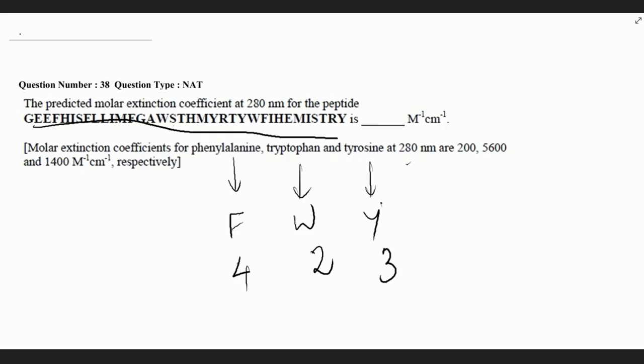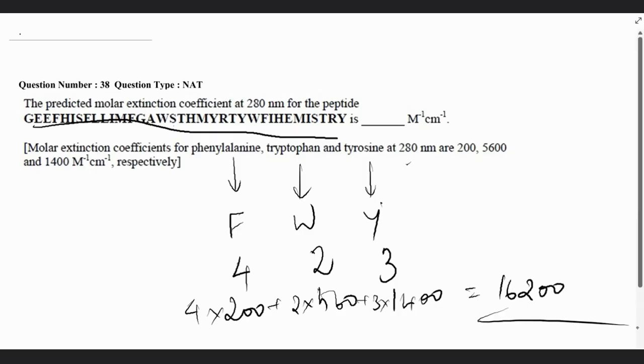For each phenylalanine you have 200, for each tryptophan you have 5,600, and for each tyrosine you have 1,400. So 4 into 200 plus 2 into 5,600 plus 3 into 1,400, the correct answer here is 16,200. You basically do the addition. So this is a pretty simple question to solve. Moving on to the next question.